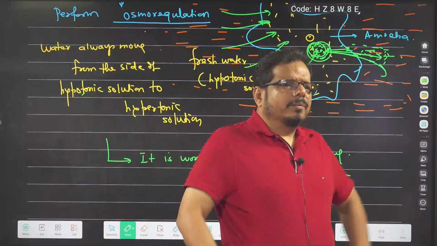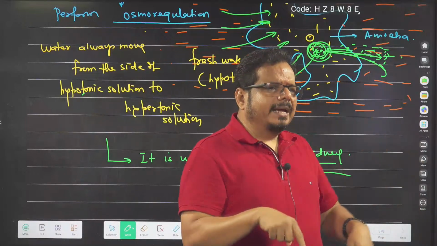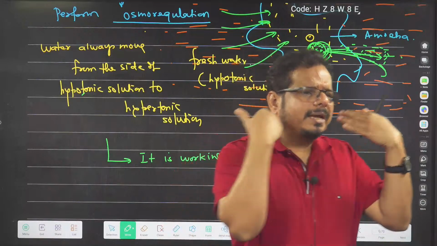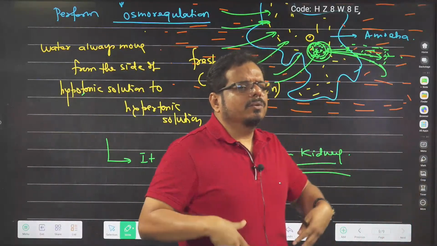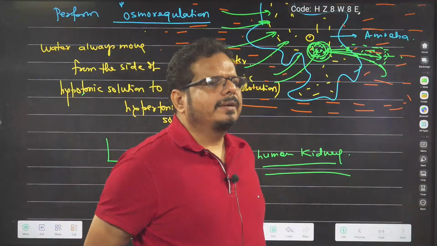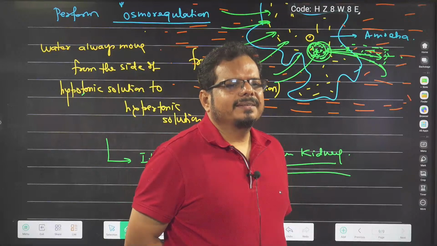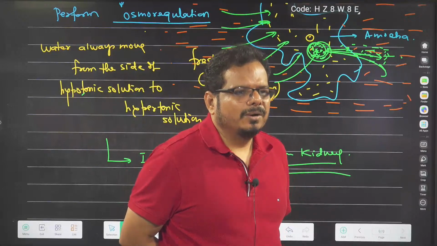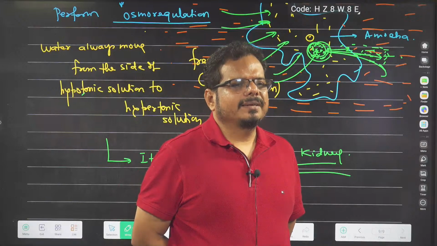Because in your body a fixed amount of water is needed. If it is less than that, you are in problem. If it is more than that, you are also in problem. So this fixed water balance in your body is maintained by which organ? Your kidney. So who is working like your kidney? The contractile vacuole in amoeba is working like your kidney. Are you getting the idea or not?